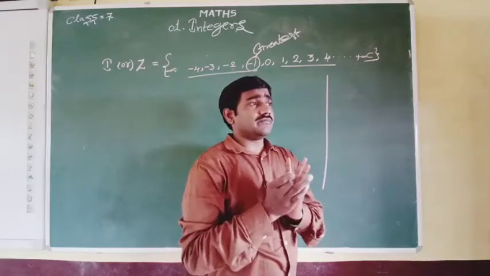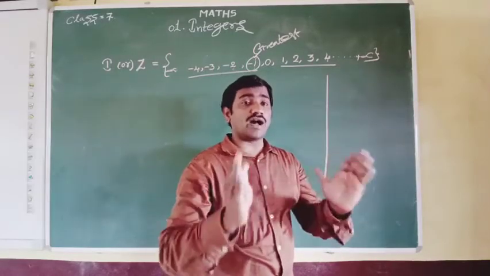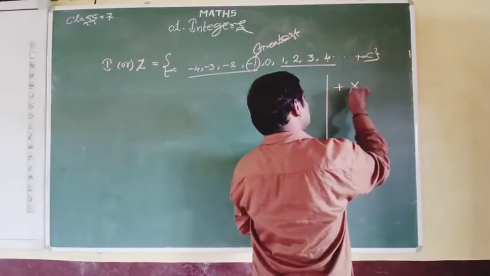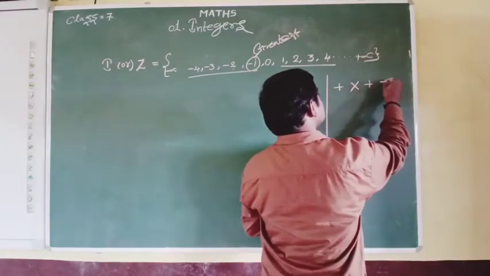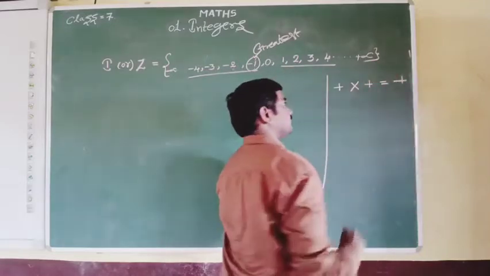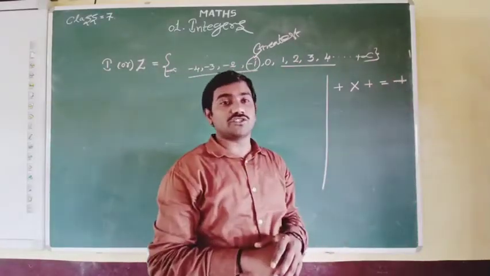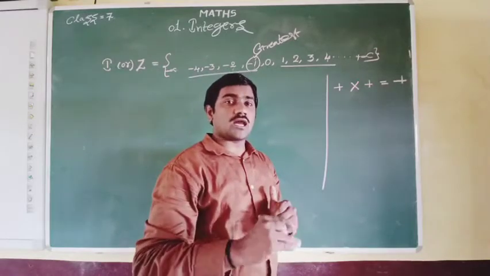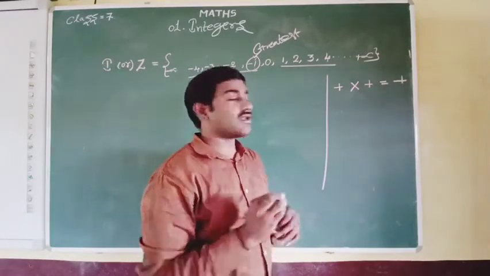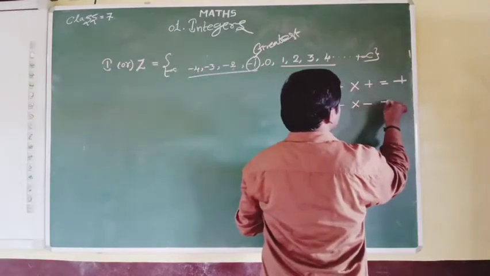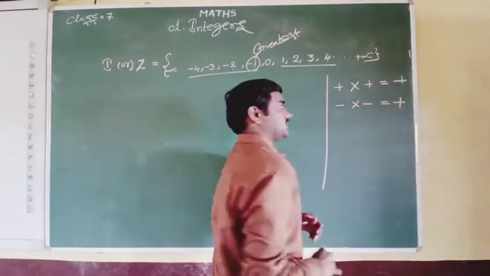When we multiply two positive numbers, plus into plus, it gives us a plus. Positive into positive always gives a positive. Plus into plus equals plus. And minus into minus also equals plus.